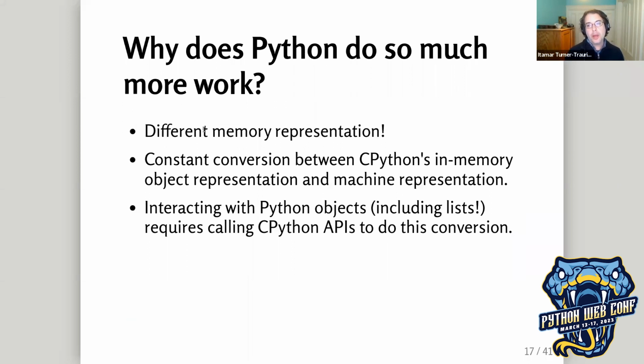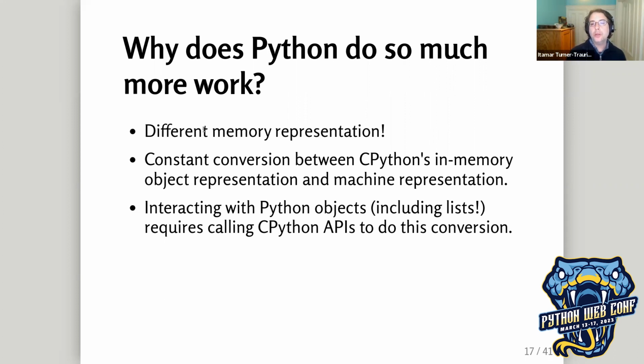And the reason is that Python, the interpreter, has a different memory representation than the C programming language. C or Rust or any language that's low level enough has a representation that isn't really that different from what the CPU is using. And so when you add two integers in Rust or C, that maps pretty much one-to-one most of the time to an add instruction for your CPU. Python uses much more complex objects because it's trying to do a whole bunch of things that C doesn't give you, and because it's trying to make things easier to use and more flexible.